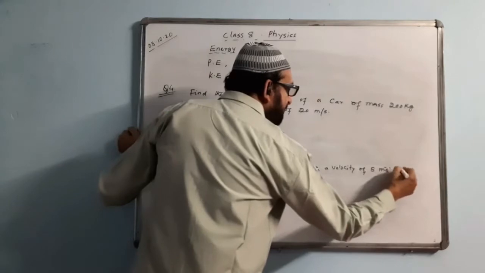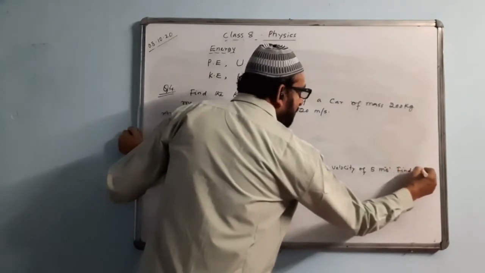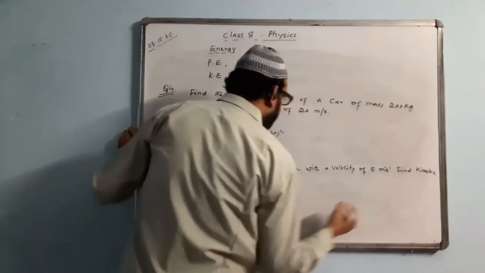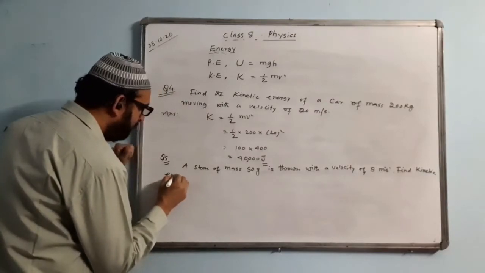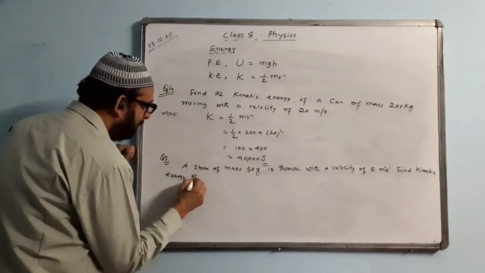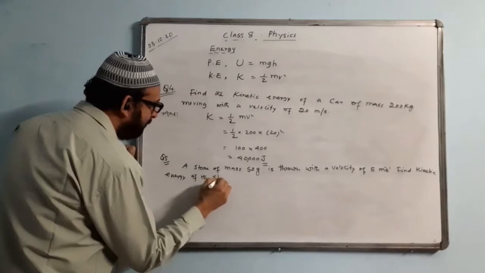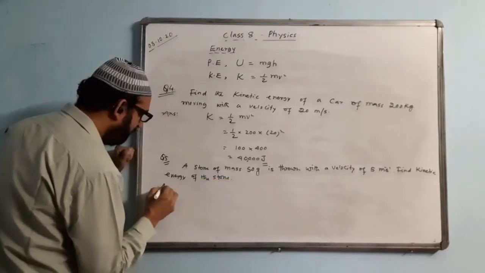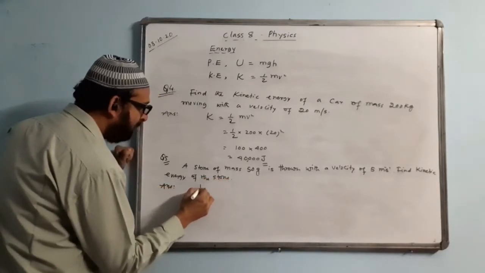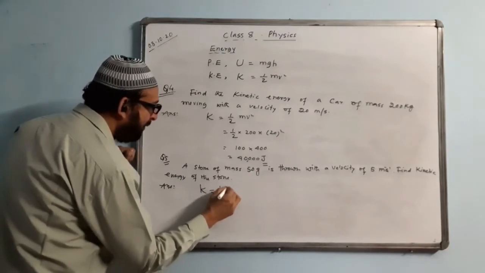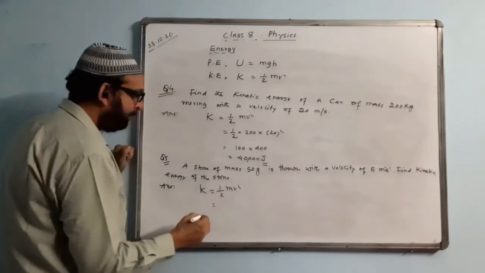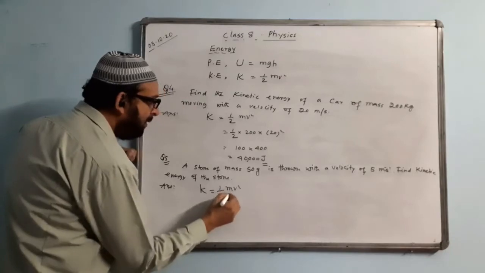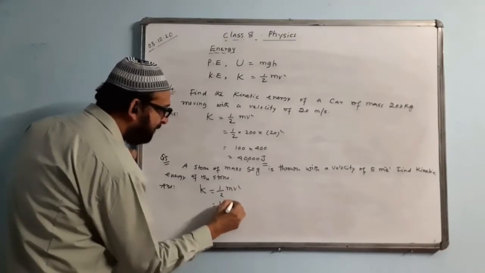Find kinetic energy of this stone. Same formula. Kinetic energy is half mv square. We will be getting half. Mass is in grams, so that is 50 upon 1000.